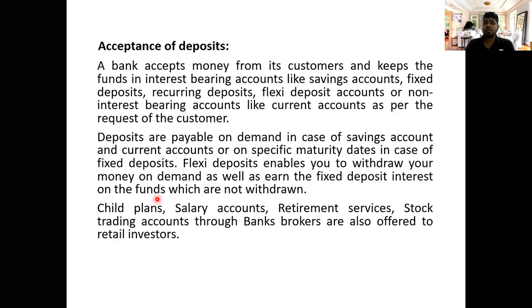They will pay interest on the amount of money which is not withdrawn. Say for the remaining 5 million, 15%, you can get 75,000 at least as interest income from the flexi, if they withdraw their money from the bank after 6 months.